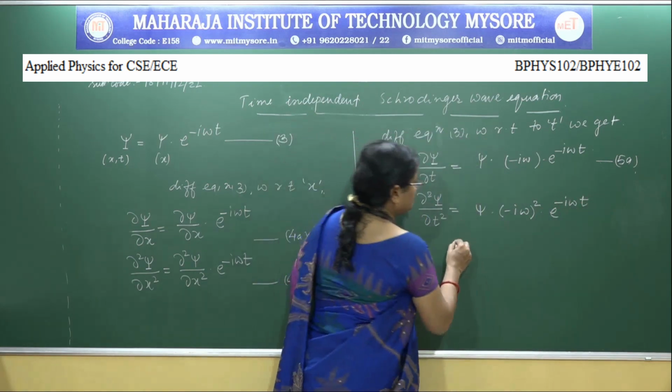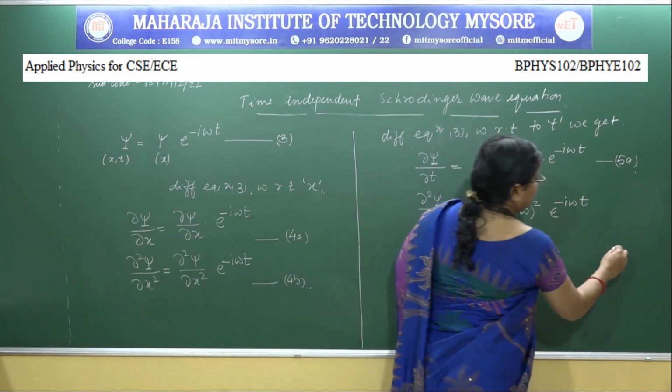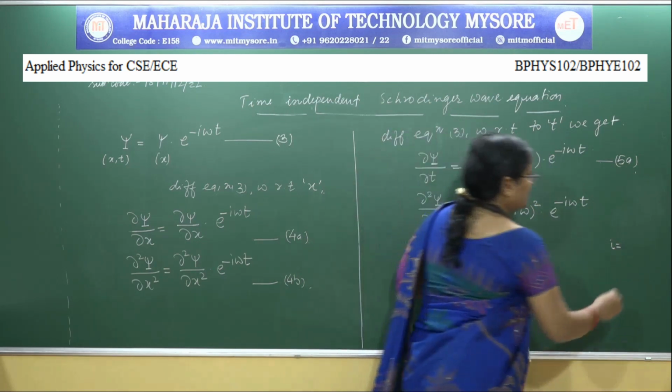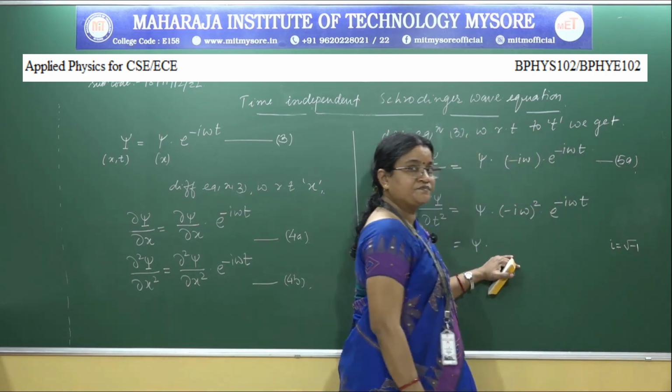Now further we will solve this. We know i is a complex number, I have already explained, and this is equal to square root of minus 1.